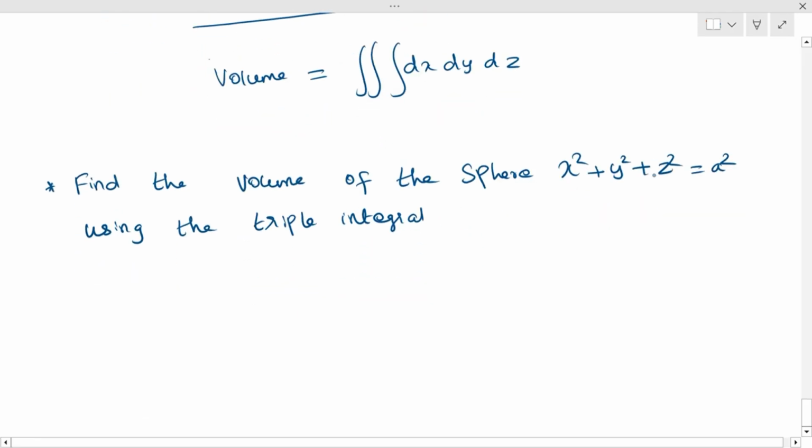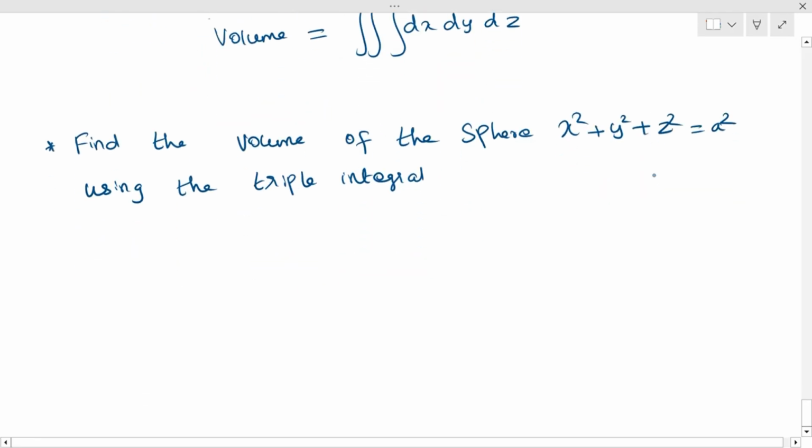So this is one of the very easiest methods to find the volume. Here the formula is triple integral dx dy dz.